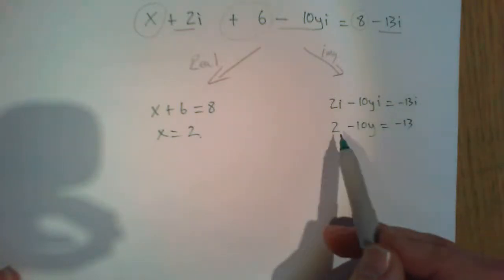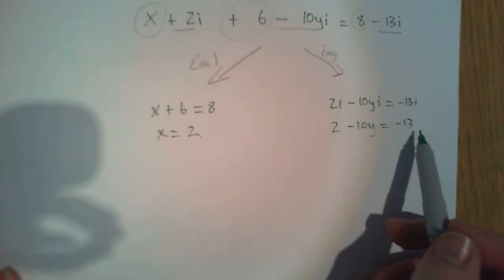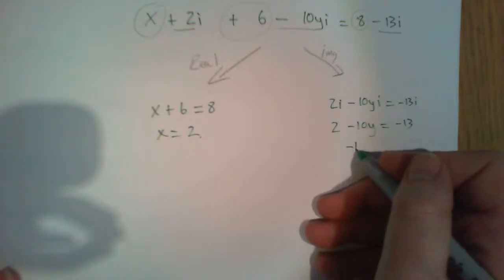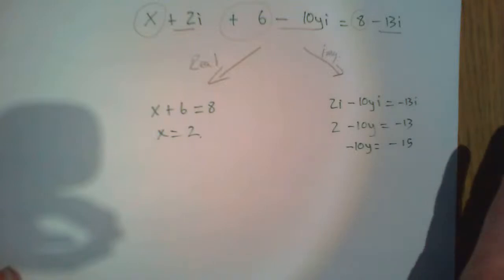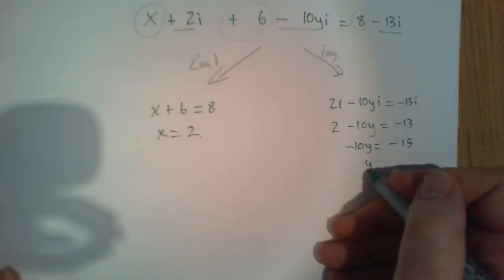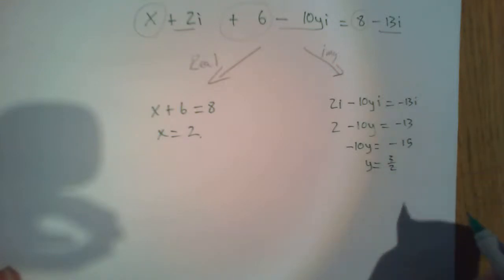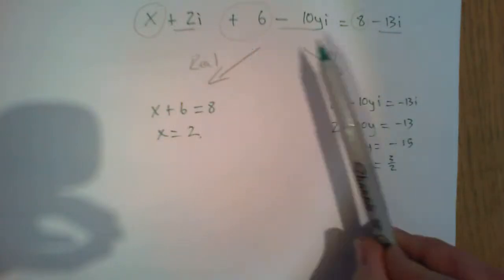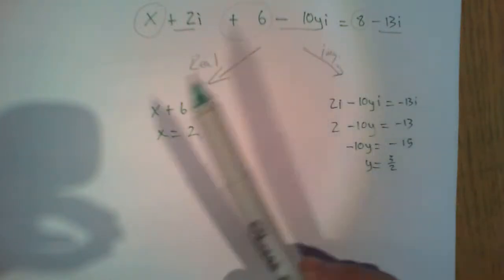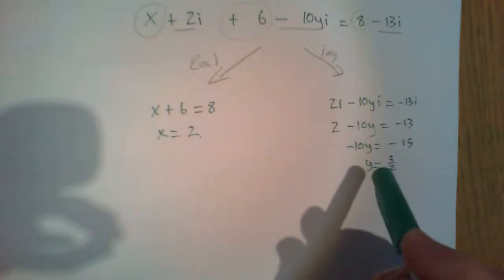So if that's the case, I can take away 2 from each side and divide both sides by negative 10. What's that? It's going to be 3 over 2, isn't it? 1.5. So you see here, even when it's more complicated, so long as you can extract the real, extract the imaginary, it'll work out. Okay, so it's a very nice one to be able to do.